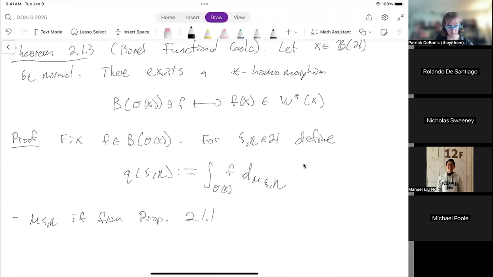And we basically use the properties from this first proposition.